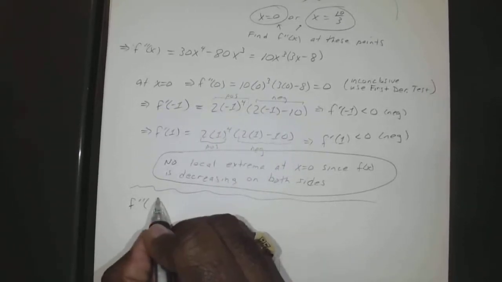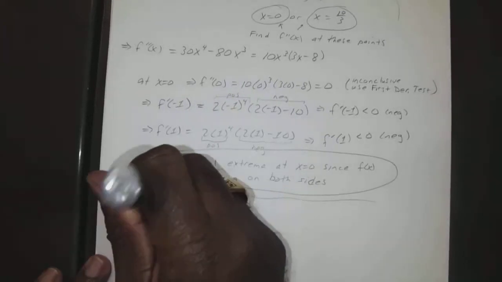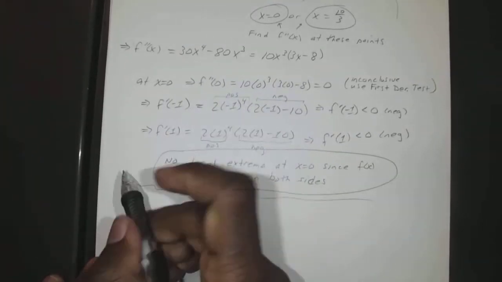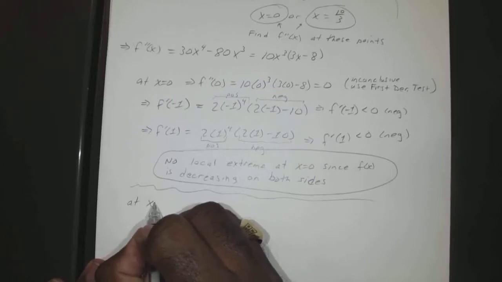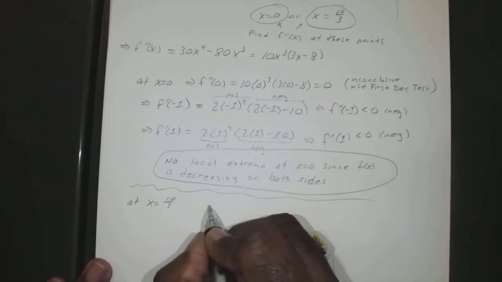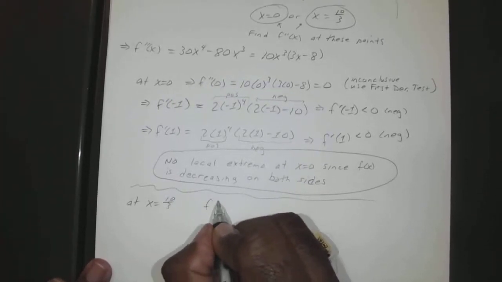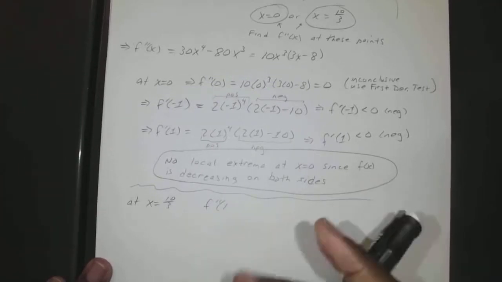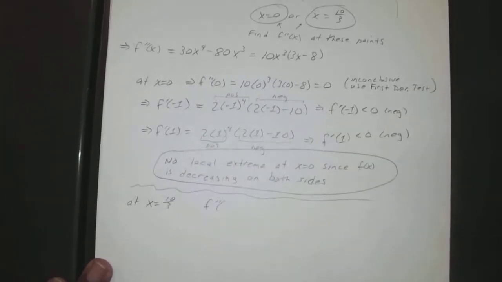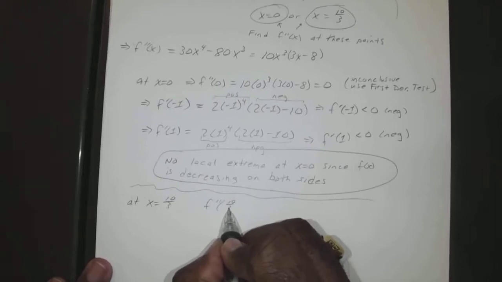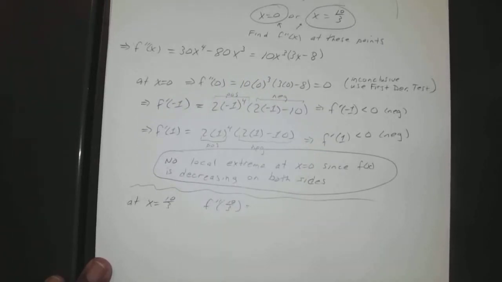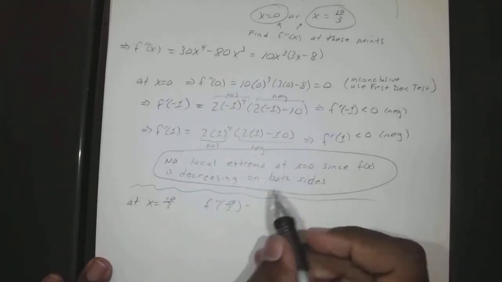At x equals 10 over 3, f double prime of 10 over 3.